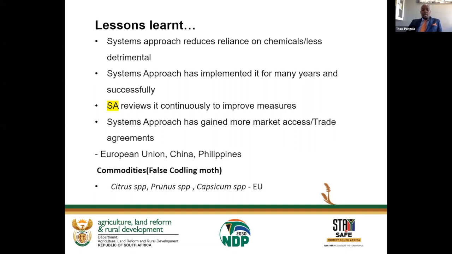In South Africa, we have implemented the systems approach for a very long time, and I must say we believe it has been successful, because we have had fewer interceptions on crops where we use it.